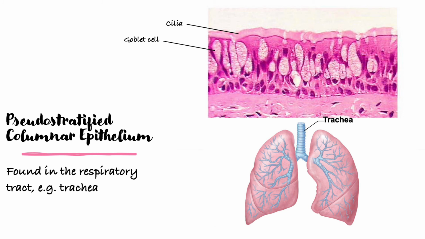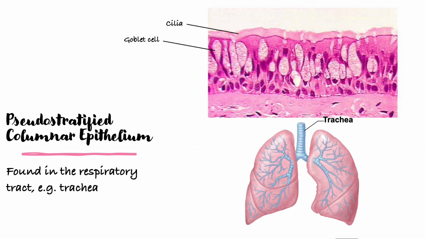The next epithelial tissue I'm going to talk about is the pseudostratified columnar epithelium. When you're looking at the epithelial tissue here, it looks like columnar because it's obviously not squamous, it's not cuboidal, you don't see that circular pattern, you don't see that scale-like appearance. Even if it's stratified, it doesn't look like the stratified squamous.